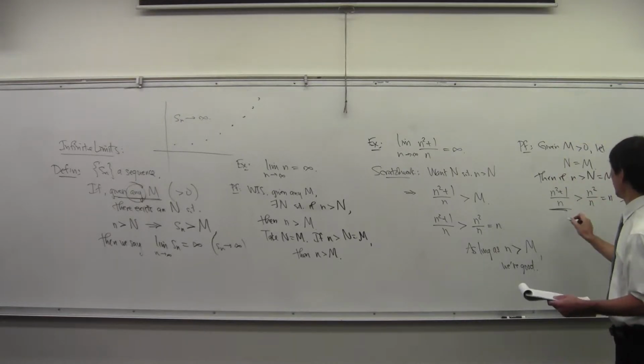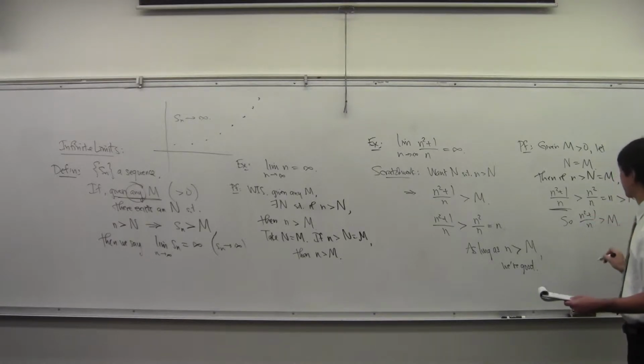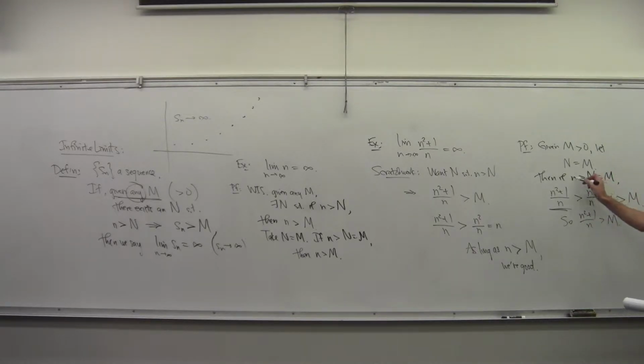Right? So (n squared plus 1) over n exceeds m. So we've successfully played the M game.